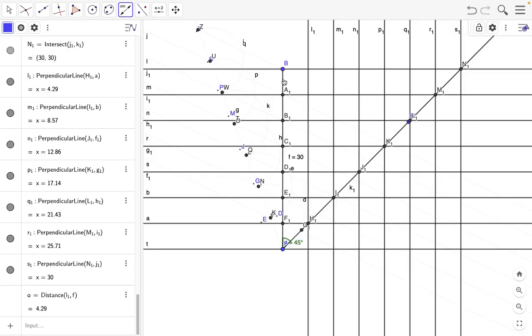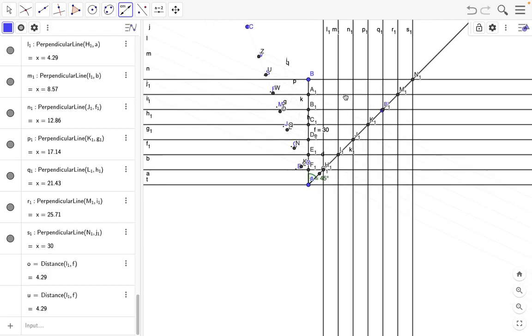Let us check the distance. The distance is coming here, you see that 4.29, 4.29, all these are coming as 4.29.